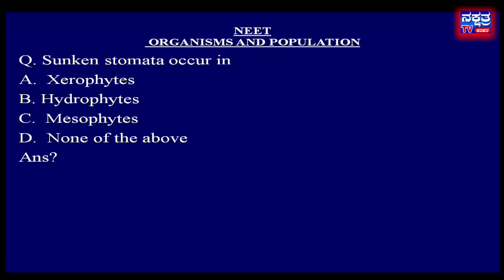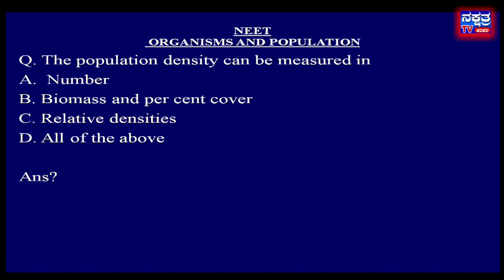Move to next question. The population density can be measured in option A, number, option B, biomass and percent cover, C, relative densities, D, all of the above.